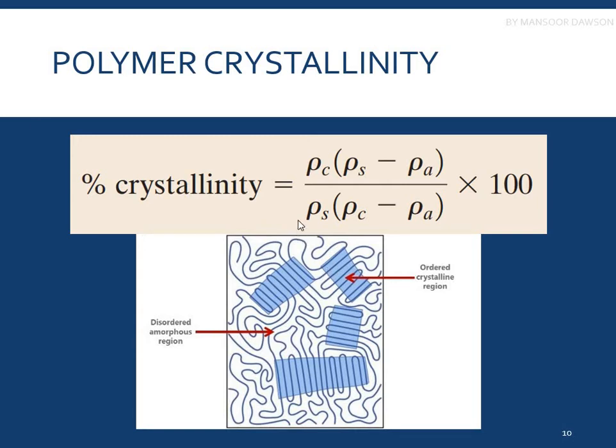So you have to keep that in mind. As you can see, this is a long range order and this is a short range order. If there is a lot of long range order, the polymer crystallinity would be higher than that of a polymer which has a short range order.